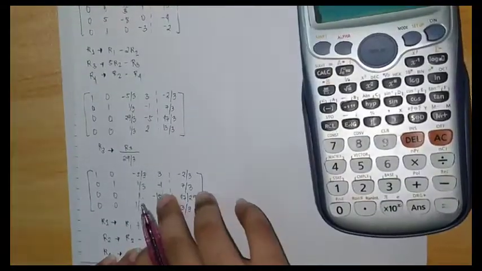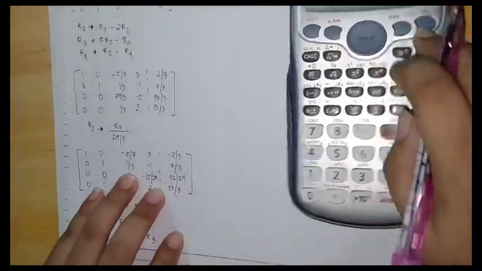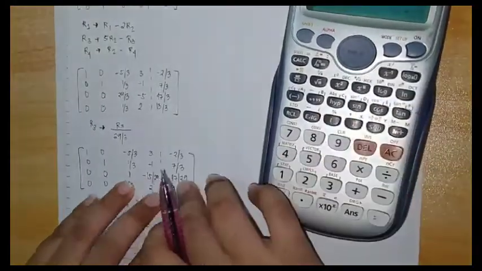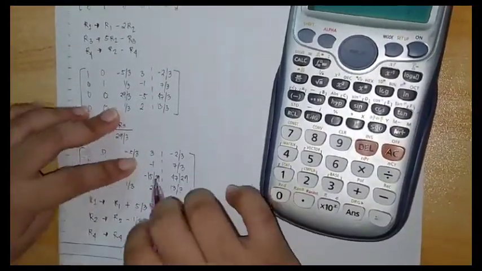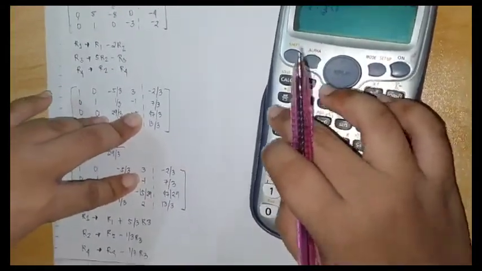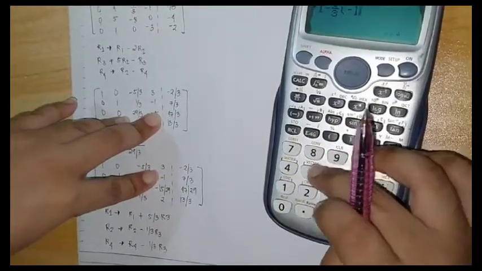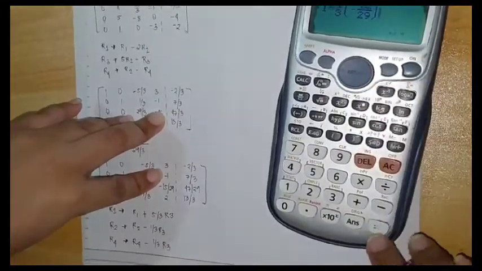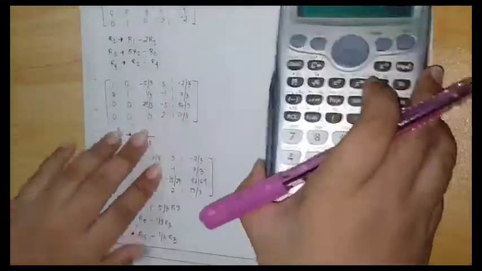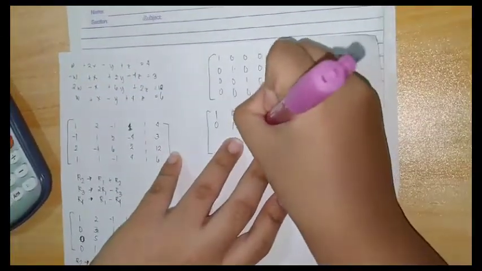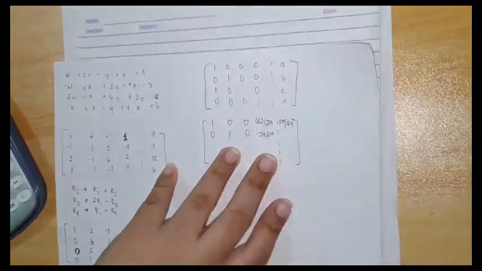Next, R2 negative 1 minus 1 over 3 times negative 15 over 29, we get negative 24 over 29.